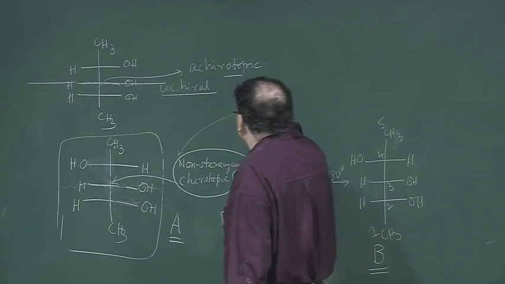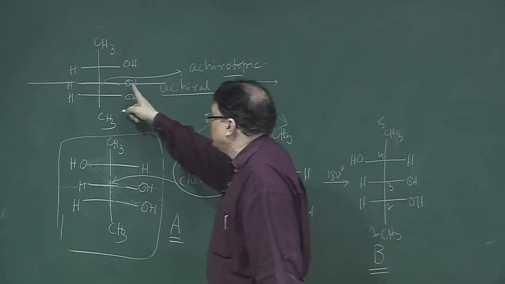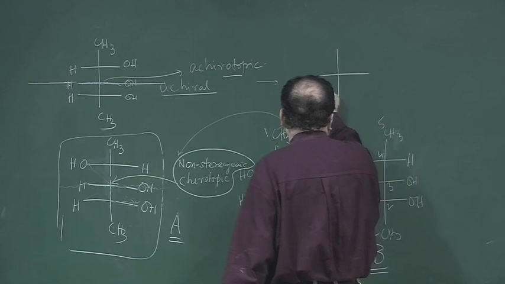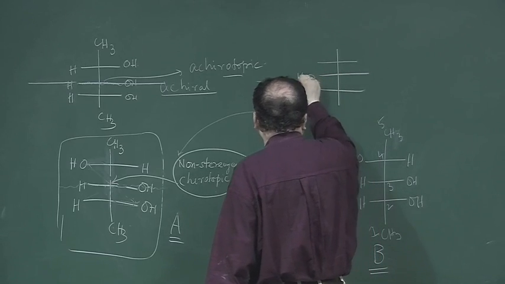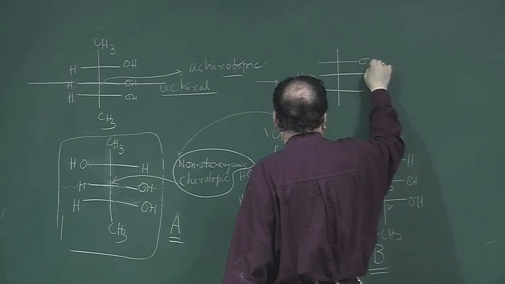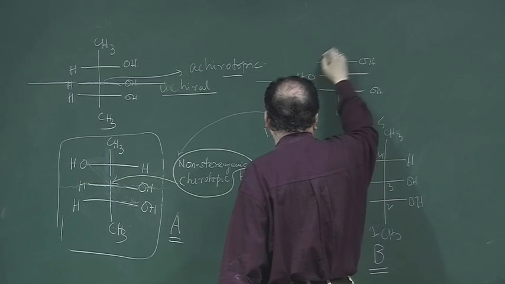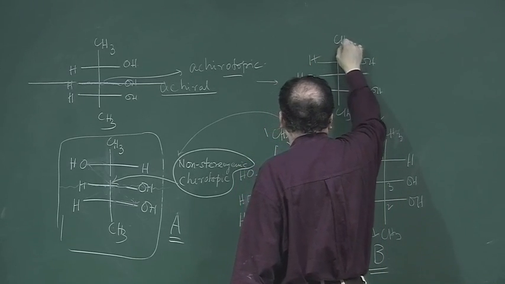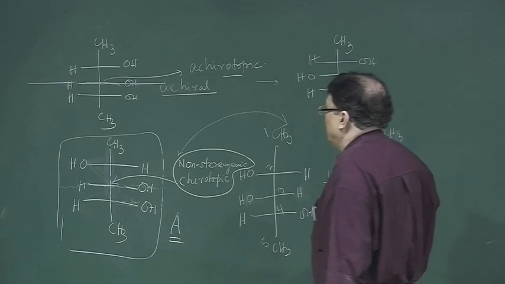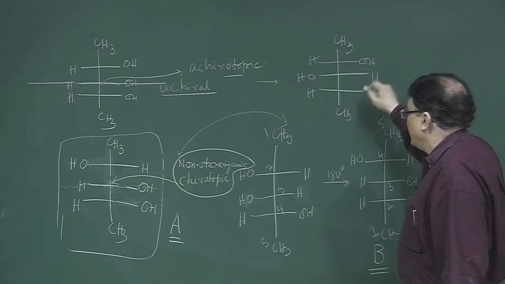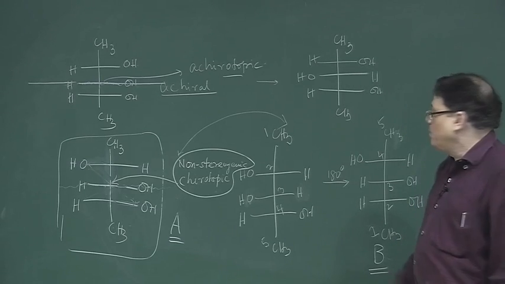Again, to prove that, what you have to do? You do an exchange here. So, bring the wedge onto the left side, and these two wedges are on the right side, methyl, hydrogen, hydrogen, methyl. Now, whatever you do, if you do the 180-degree rotation, what will happen?